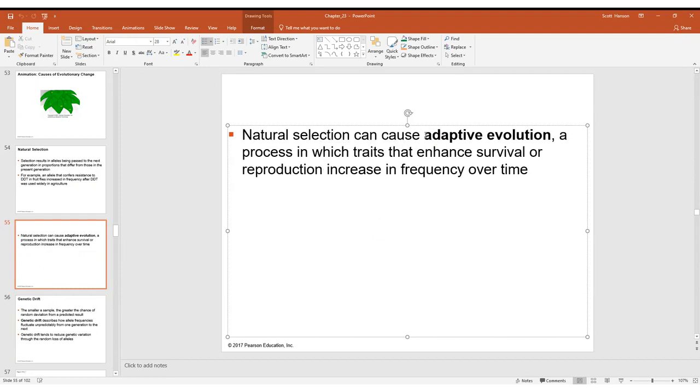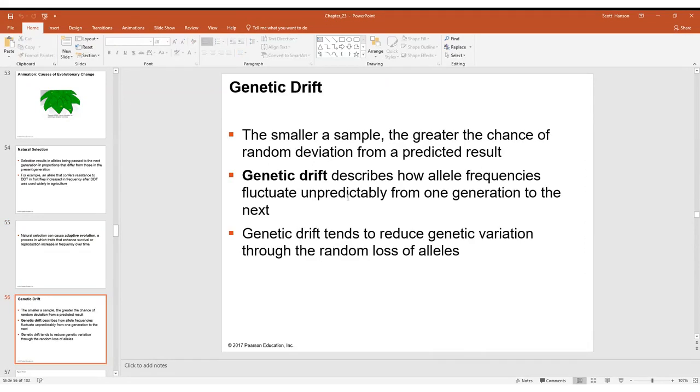And pretty much all evolution would be adaptive evolution, because adaptive evolution just means you're increasing the ability of a population to survive and to reproduce under certain environmental conditions. So adaptive evolution then. Now we're going to talk about genetic drift.